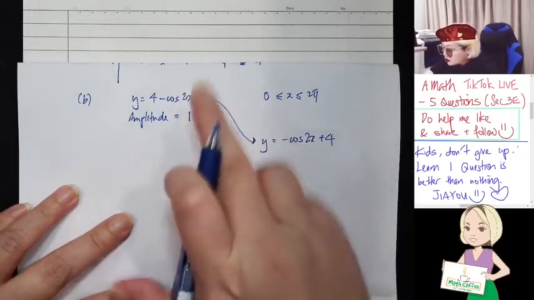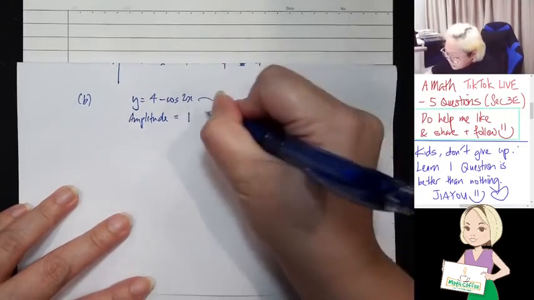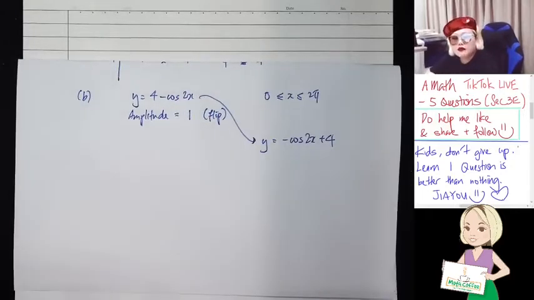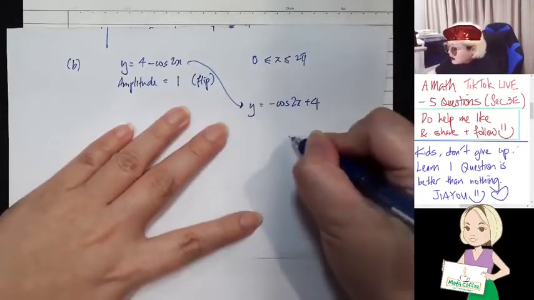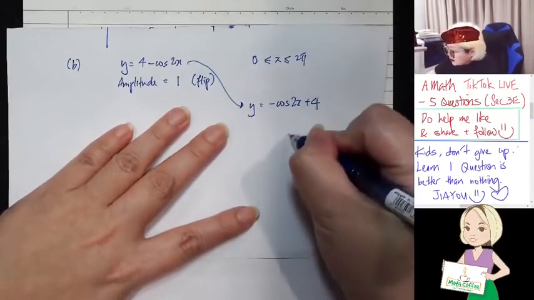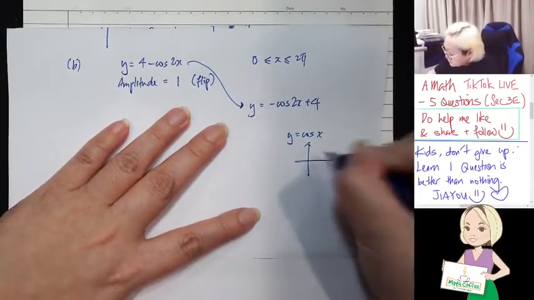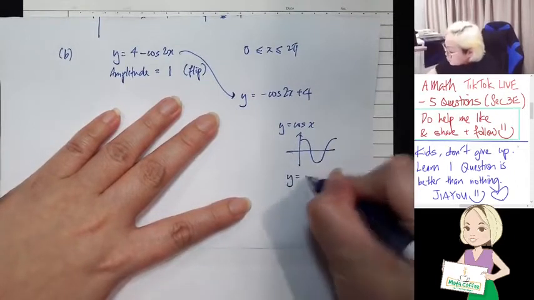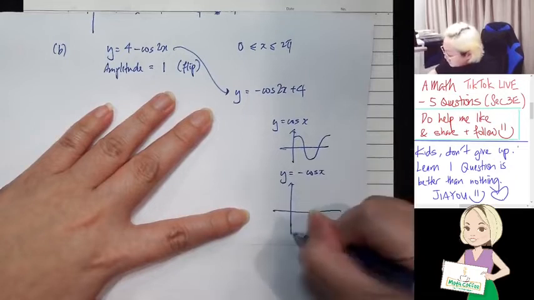Okay, amplitude is 1. But because of the minus, you got to put a bracket here, right? Flip. It means that your graph is no longer the cosine graph. I mean, it's still cosine, but it's flipped. See, y equals cosine x, the graph looks like that. If y equals minus cosine x, your graph looks like that.